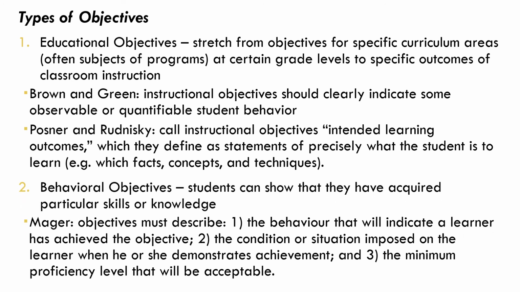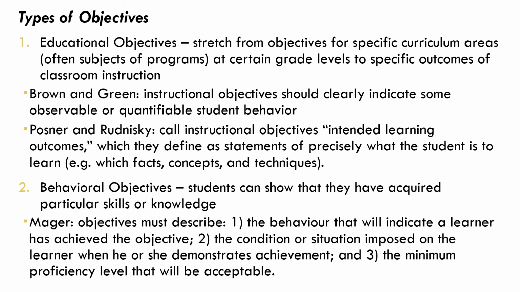Next is the behavioral objectives. Students can show that they have acquired particular skills or knowledge. According to Mager, objectives must describe the behavior that will indicate the learner has achieved the objective, the condition or situation imposed on the learner when he or she demonstrates achievement, and the minimum proficiency level that will be acceptable.